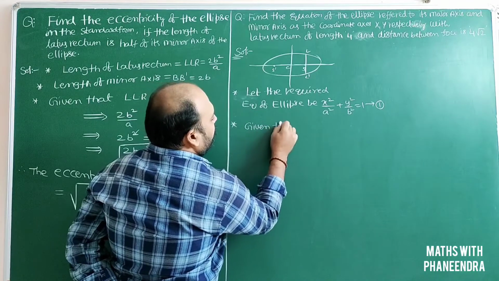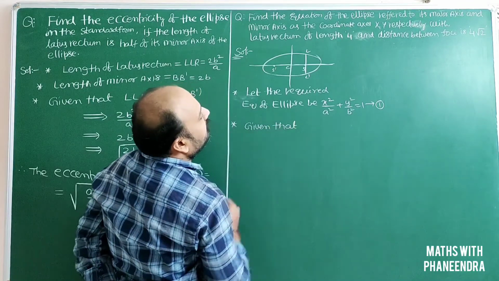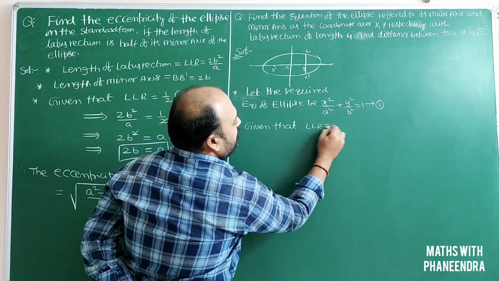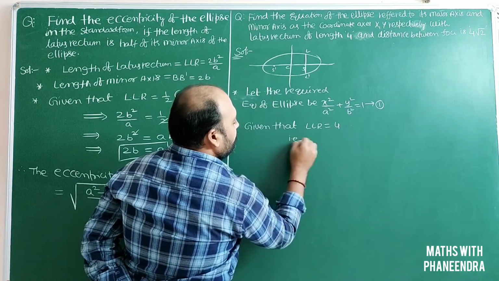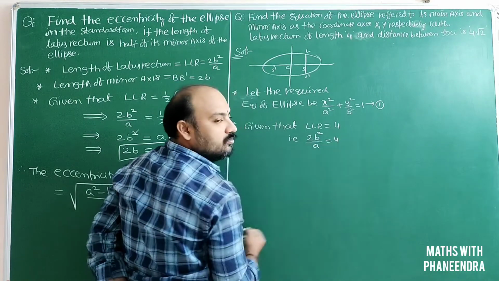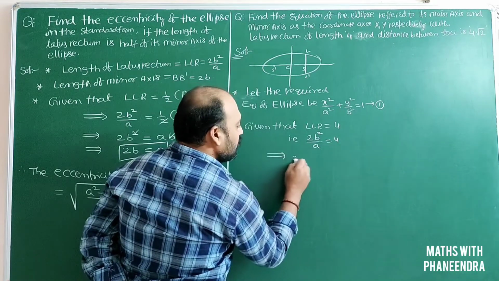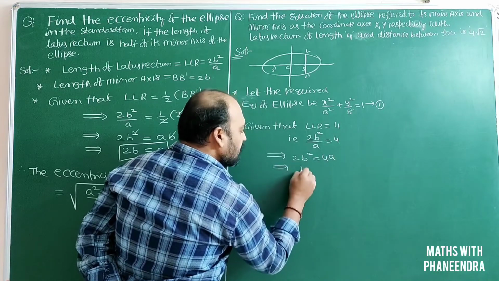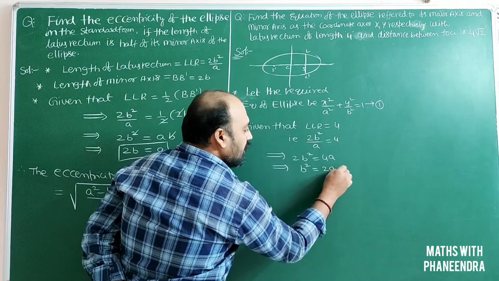Given that, length of latus rectum is 4. LLR is equal to 4, that is 2b square by a is equal to 4. So that implies 2b square equal to 4a. So b square is equal to 2a.